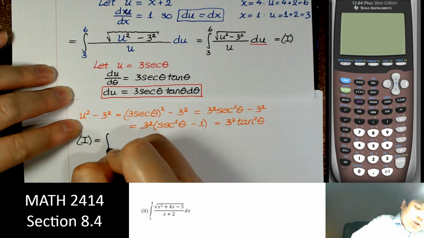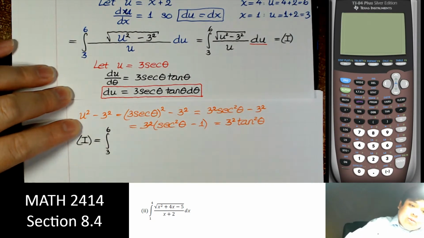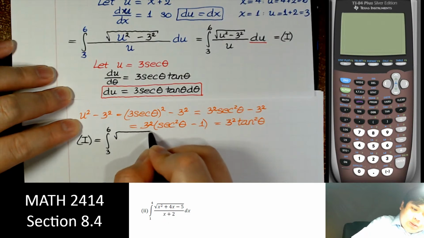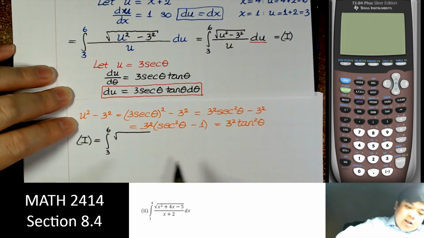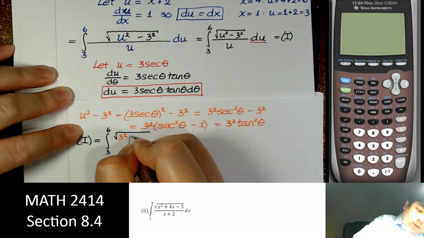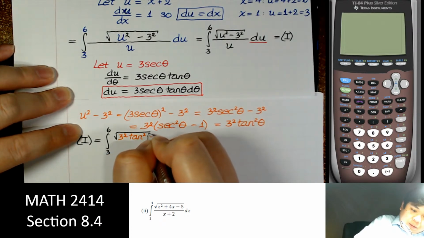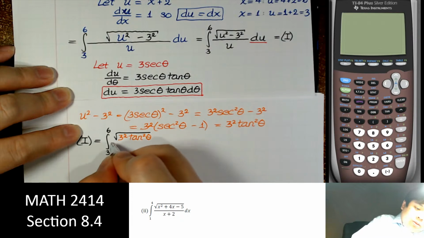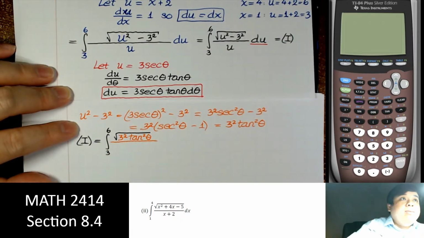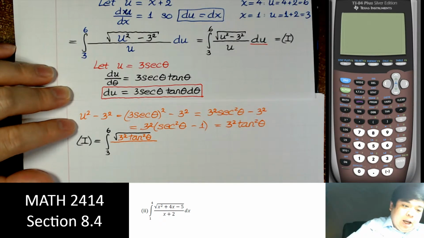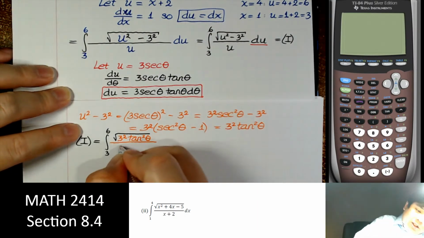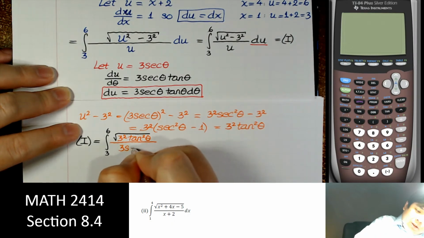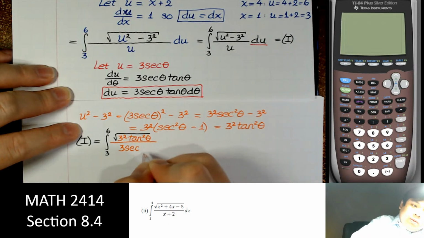It will be integral from 3 to 6 square root. The u square minus 3 square is that. Right? And then the secant square, the u is 3 secant theta. Right?